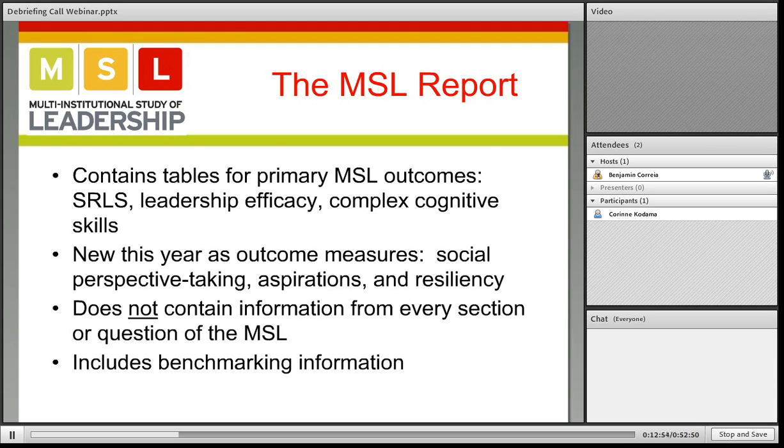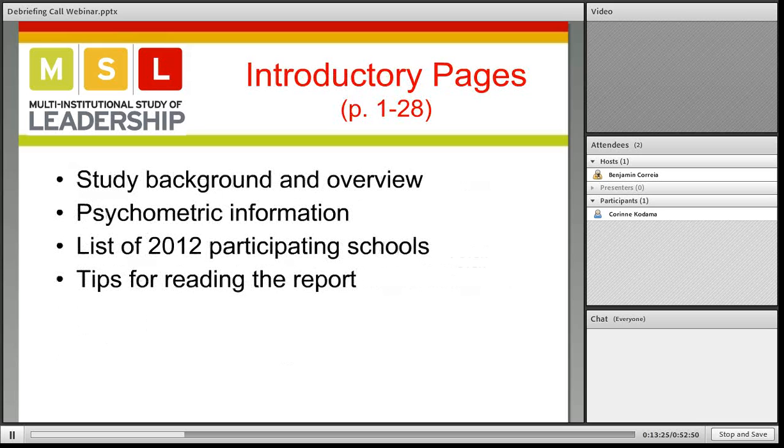It focuses on the primary outcomes and some particular inputs and environments that will relate to that, and we'll get into that in a minute. So it doesn't have every single question that was on the MSL. That is in your full data set, which you do have access to through your myssg.net. So again, the MSL report doesn't have everything, but it has the things that we think most schools are primarily interested in. And it also includes some benchmarking information, which I'll talk about in a minute.